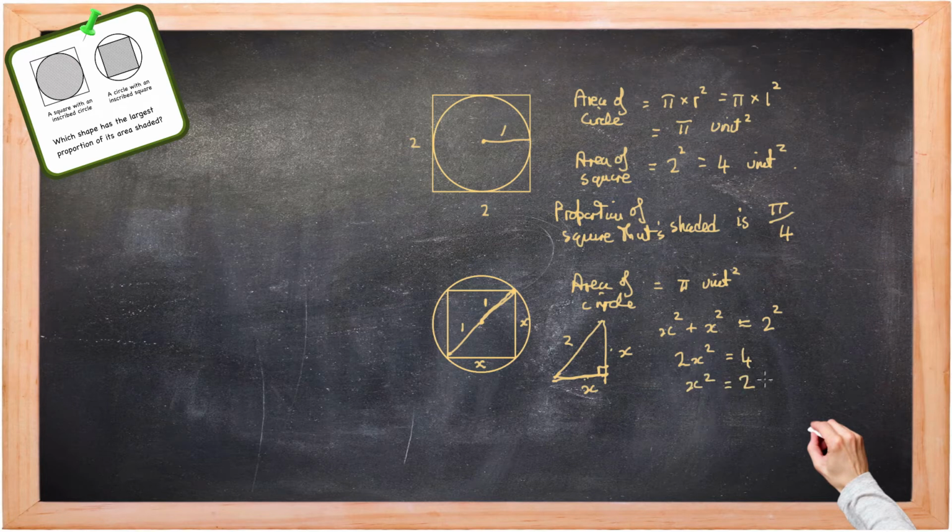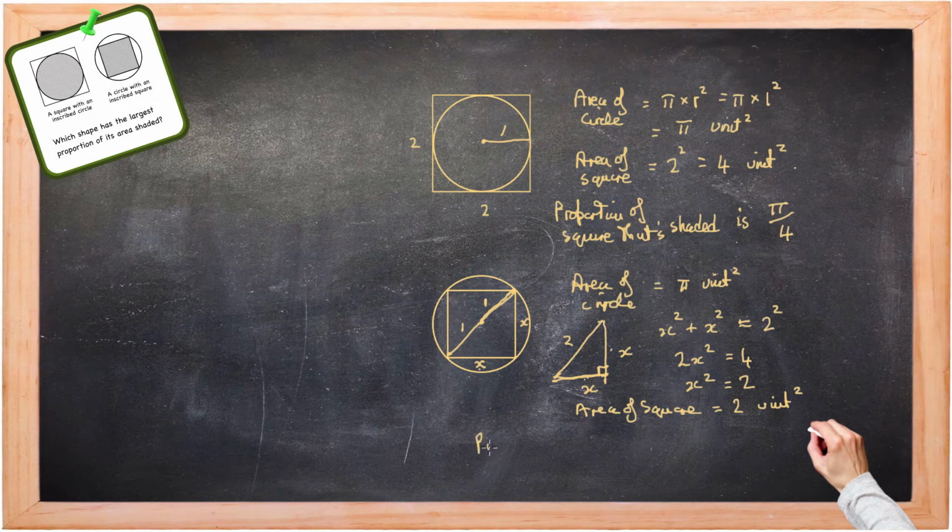Now usually we'd take the square root of both sides at this time, but remember we're looking for the area of that square, which is x times x. The length times the breadth, x times x. That's what we've got here. X times x is x squared, and we're told that's 2. So the area of the square is 2 units squared.